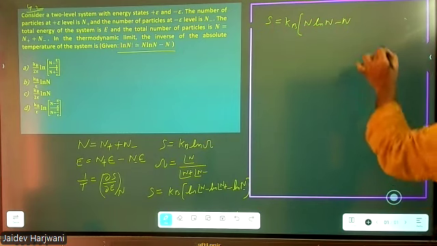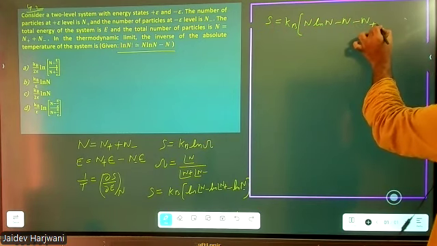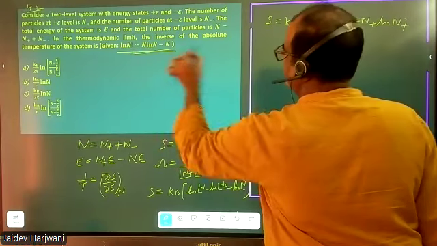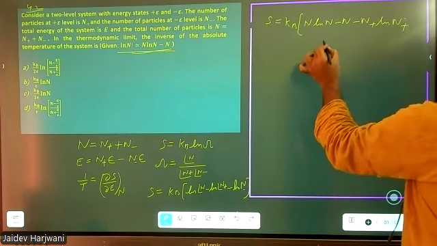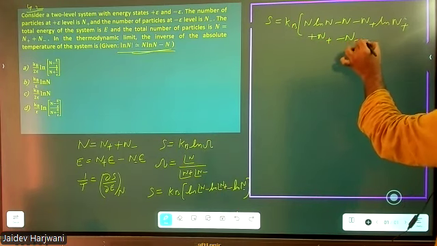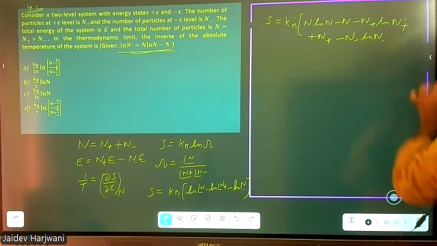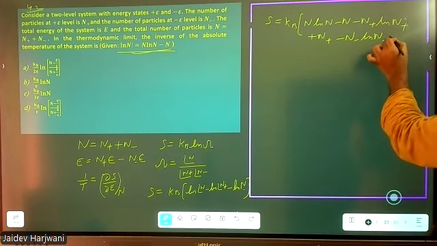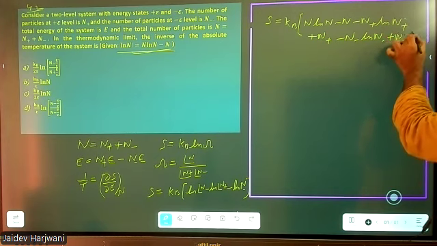Okay, similarly this will be minus n plus ln n plus, I'm using this formula, Stirling approximation, plus n plus minus n minus ln n minus. Okay, and again this is a minus minus plus, so plus n minus.